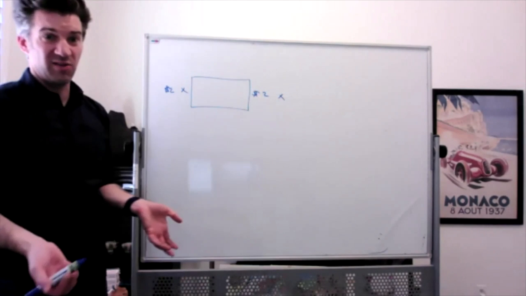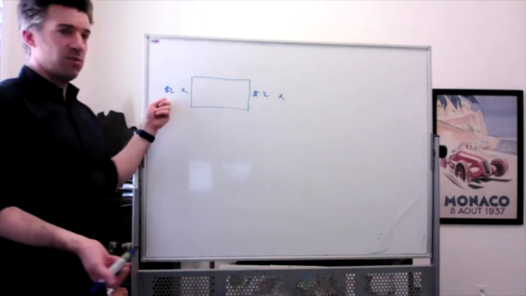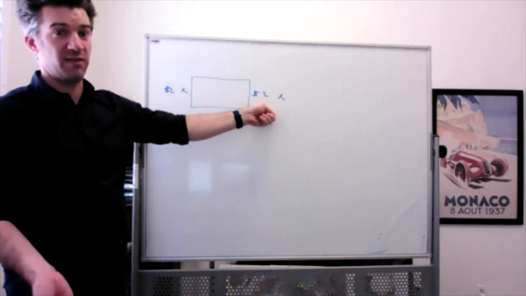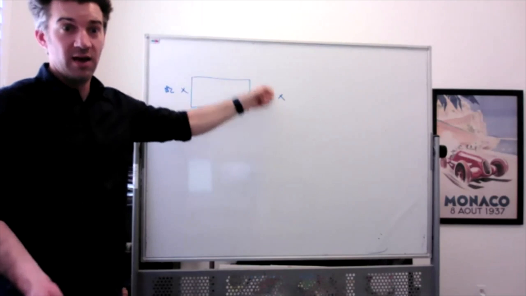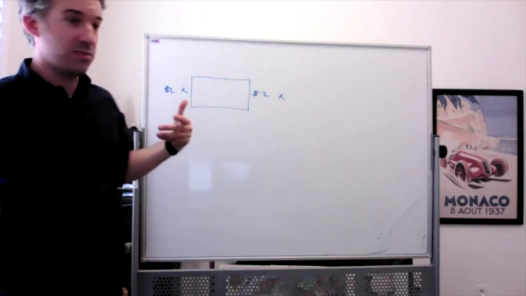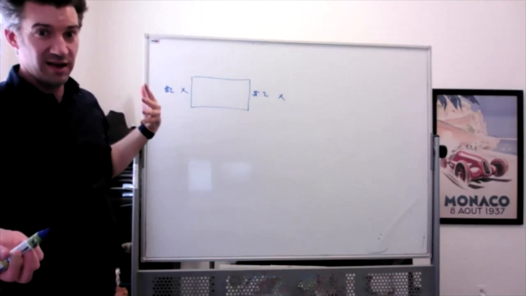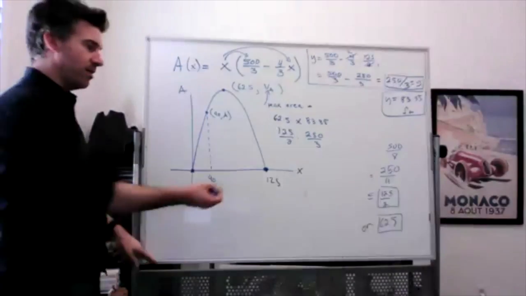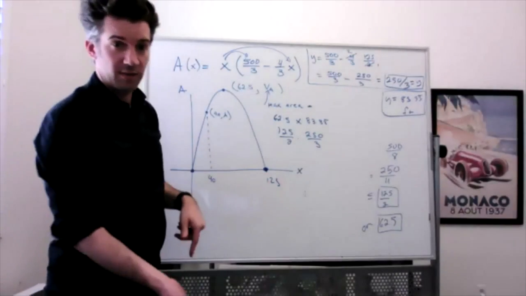So if x was 125 feet, this side would cost $250, and this side would cost $250, which would totally exhaust the $500 of budget I have. So 125 feet for x would mean that y was 0. And so that's why we would get 0 area. So that's another way I know that 125 is my x-intercept.